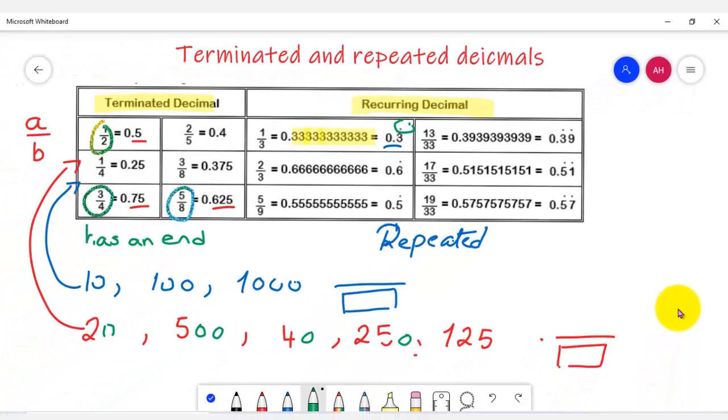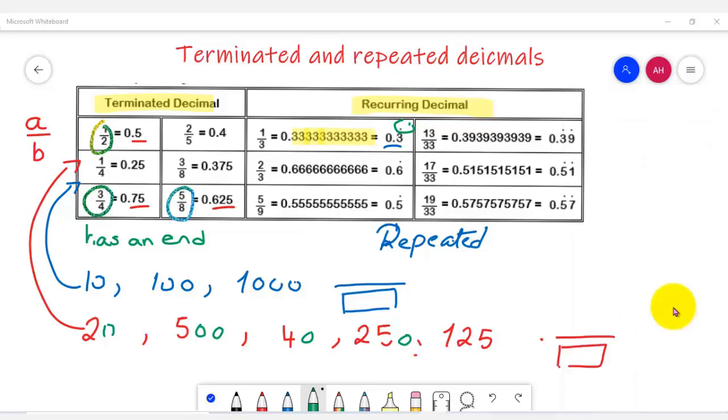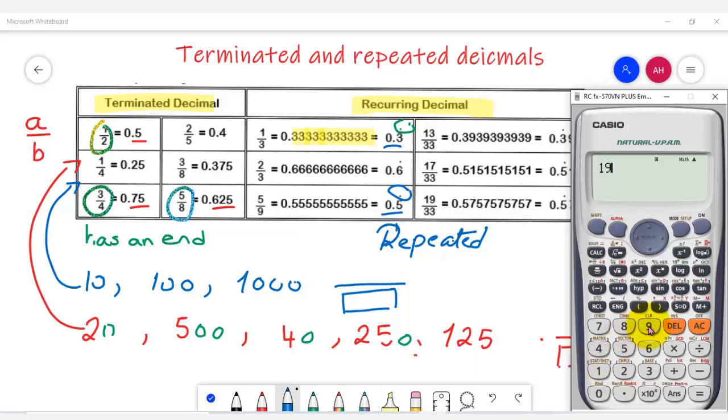The same goes, for example, for the fraction 5 over 9. 5 over 9 is equal to, changing it to decimal, 0.5, and the 5 is repeated. How can I write it? I will write 0.5 and put a dot above the 5, meaning that this 5 is repeated. Let's take the last example for a recurring decimal: 19 over 33.